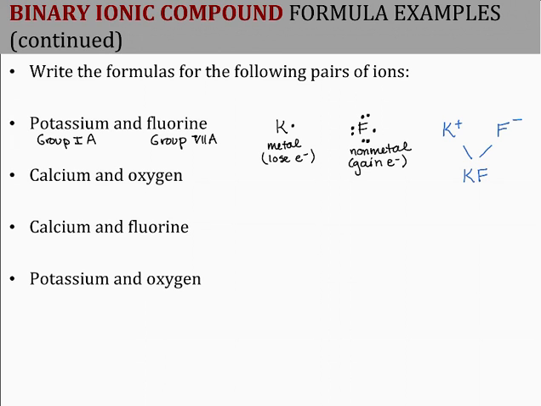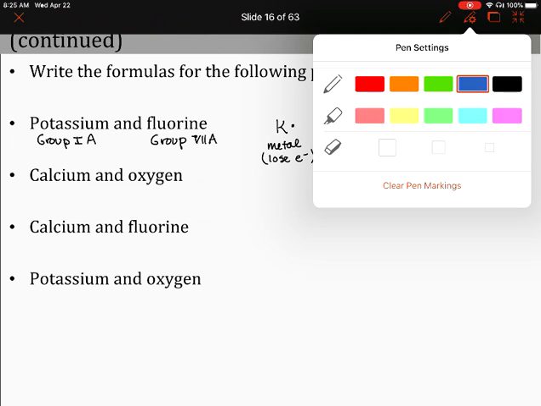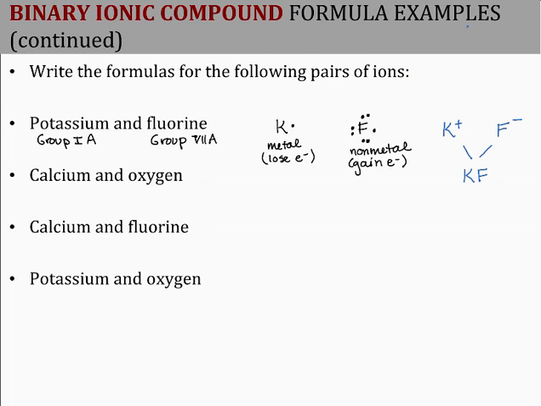Now, what about calcium and oxygen? Oh, let me change my marker color here. So calcium is in group 2A, and oxygen is in group 6A.